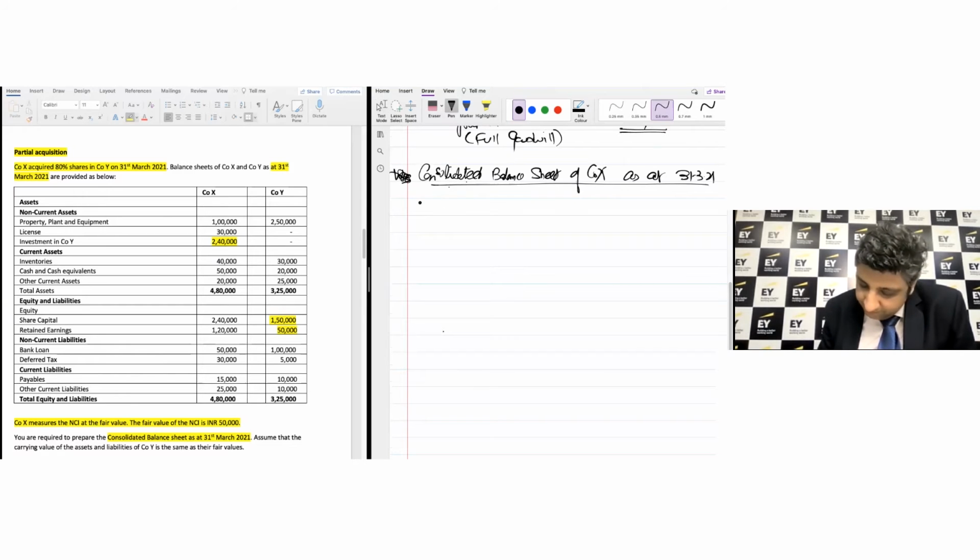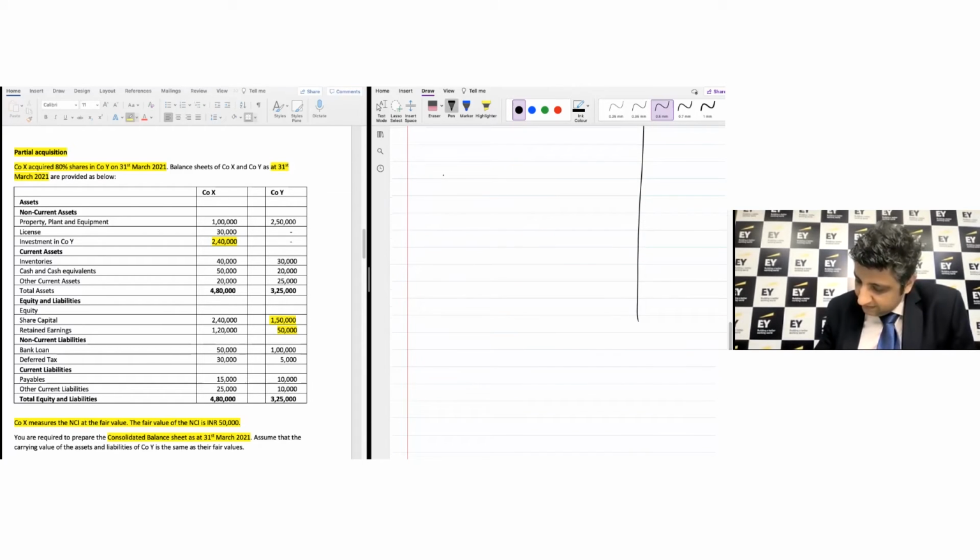I'm looking at the format, which is assets, non-current assets, within which we have property, plant and equipment, which is 1 lakh plus 2,50,000.